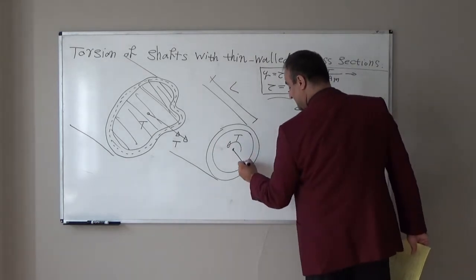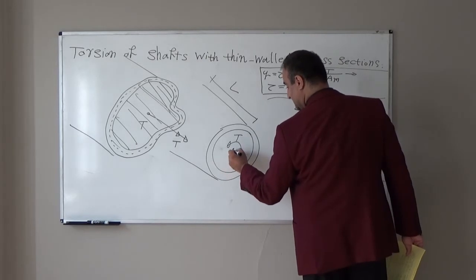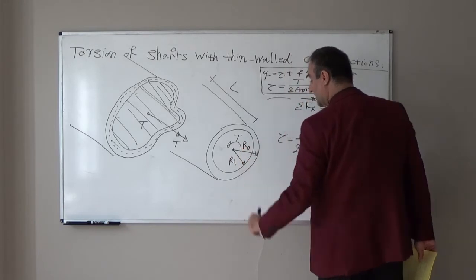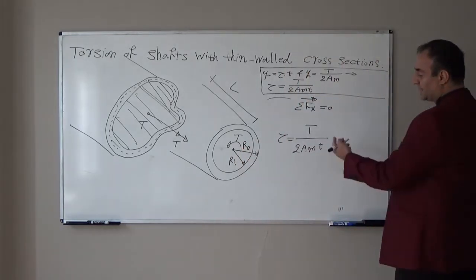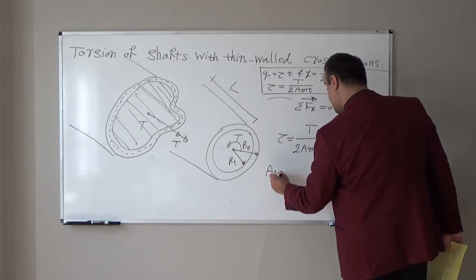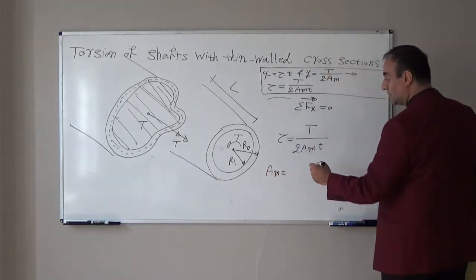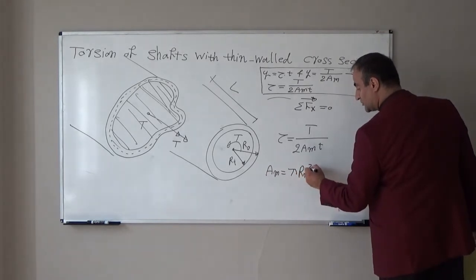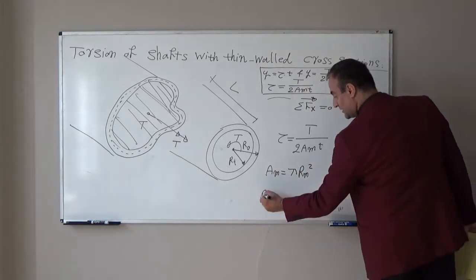If this is the inner radius and this is the outer radius, RO, for example, if it is a circular shape, AM will be equal to pi Rm squared. What is Rm?